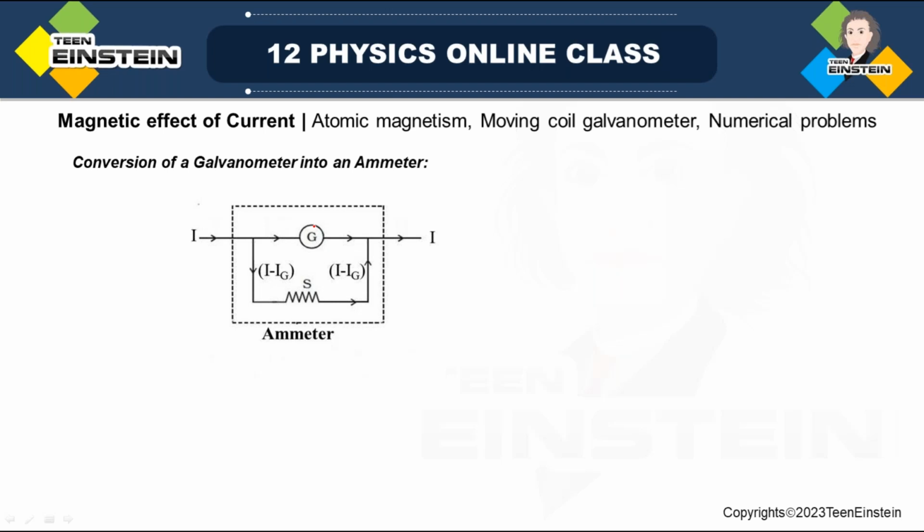Okay, so what is the underlying concept in converting a galvanometer into an ammeter?